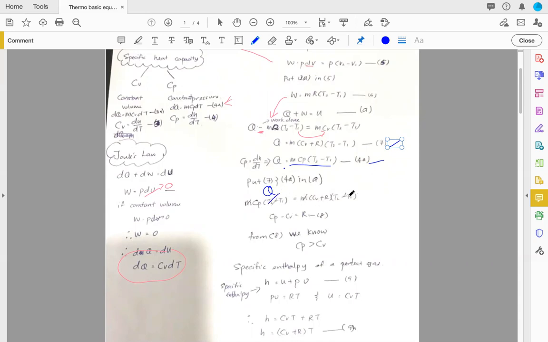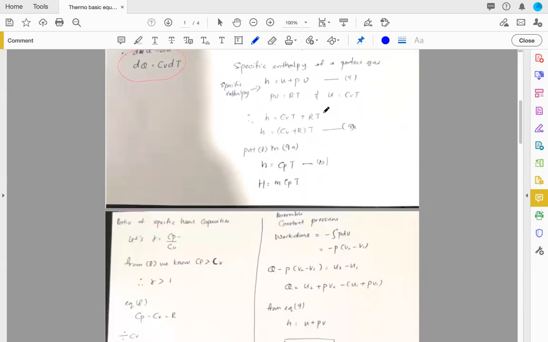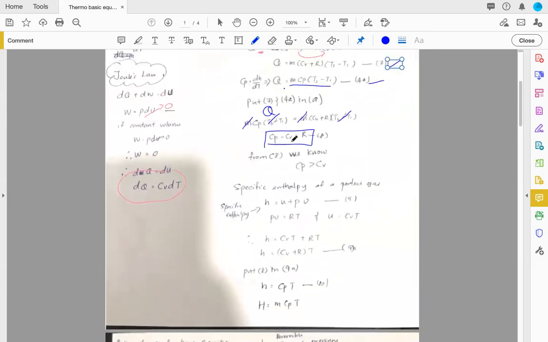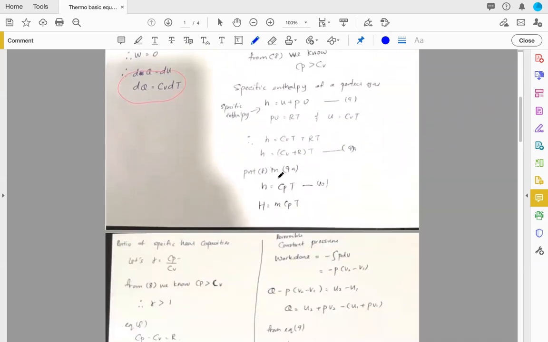Because we have T2 minus T1, cut it, we have the same mass, cut it, so we have Cp equals to Cv plus R, and we can move the Cv to the Cp side, so Cp minus Cv equals R. So from equation 8, Cp is definitely much larger than Cv, agree?